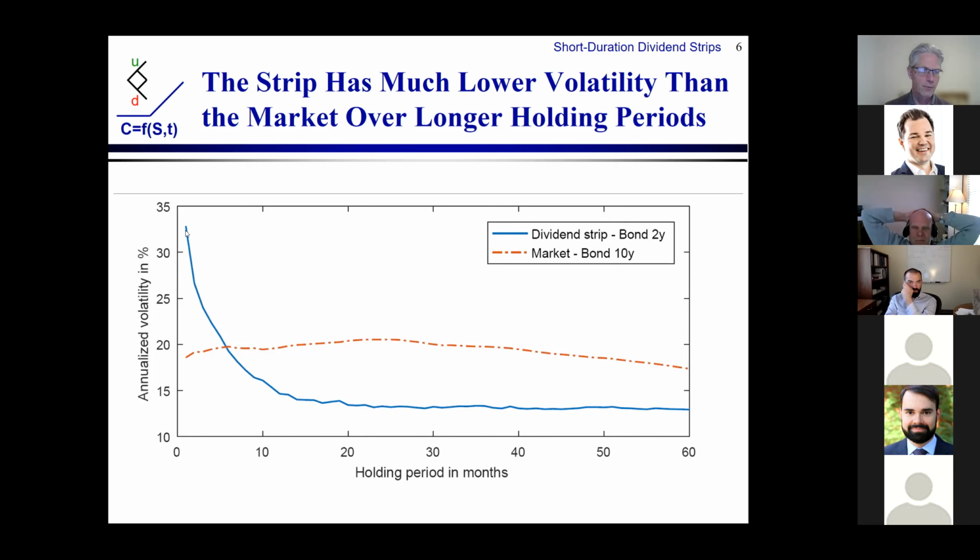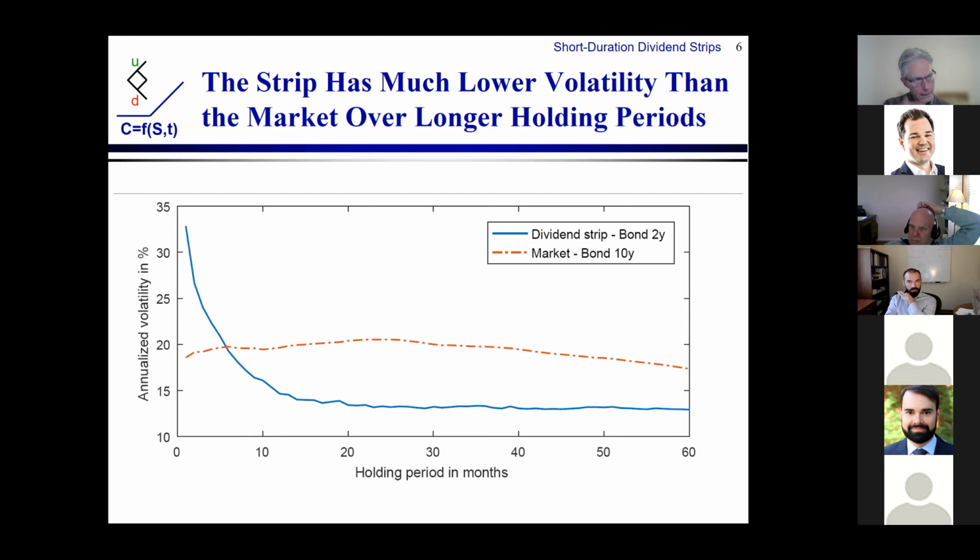The annualized volatility sky high at 33% for the dividend strip. For the market, it was something like 18–19%. And then as you're now measuring these holding periods for more and more months, the dividend strip volatility is markedly coming down. And this is exactly the smoothing effect that you're getting by sitting out the AR1.